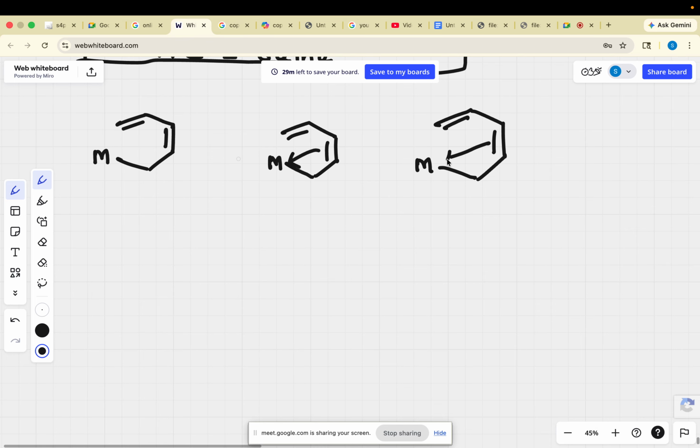This double bond is donating electrons to the metal center, this double bond is also donating. So now tell me, first of all, the number of electrons in the neutral method, ionic method, then formal charge value, and then eta value.